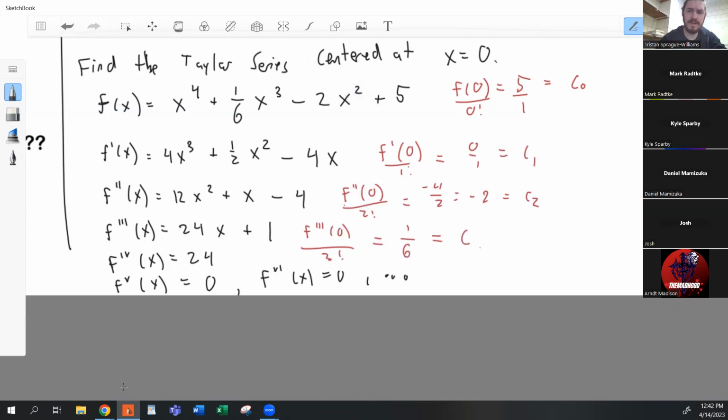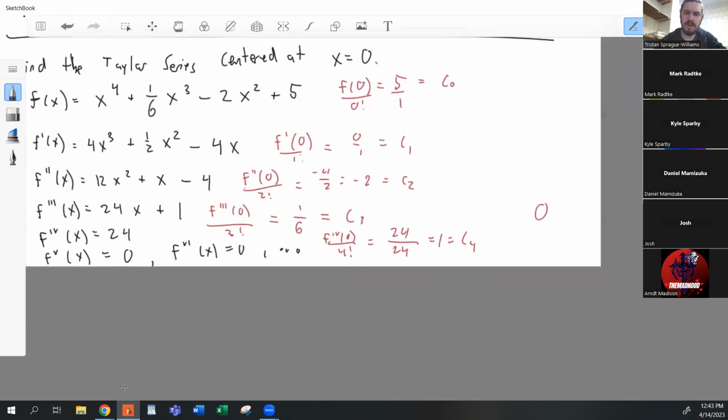So that's C3. And then the fourth derivative evaluated at 0 is 24, so we have 24 divided by 4 factorial. I do believe 4 factorial is also equal to 24? So that's actually just 1, and that's C4.